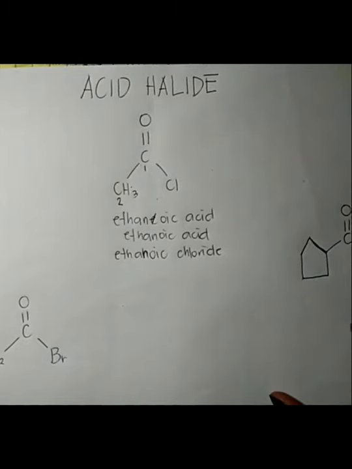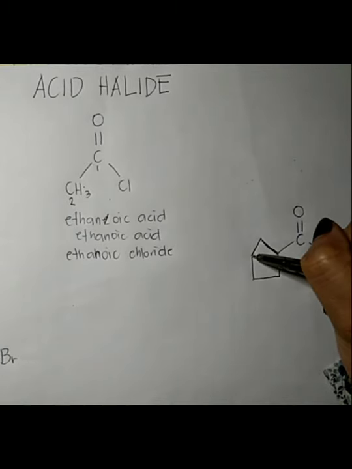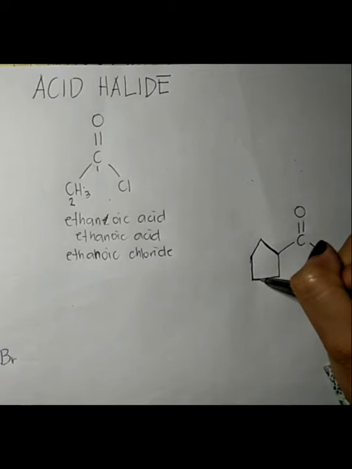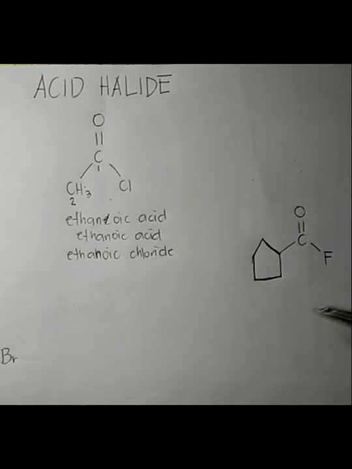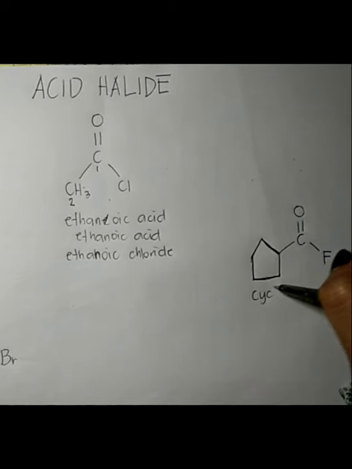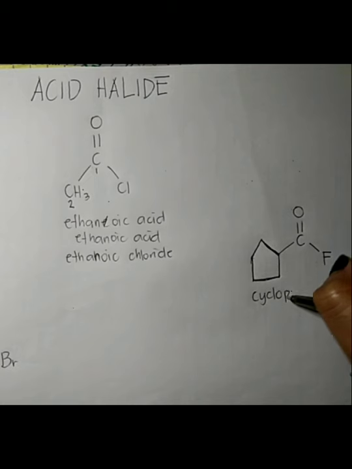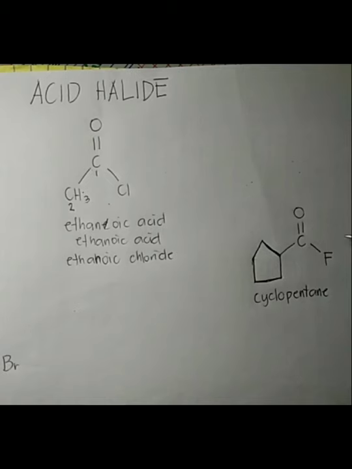The next example we have here is a cyclo, or a ring. This ring is pentane, so since this is a ring, we will write cyclo, then pentane. Since this is an example of a carboxylic acid, we will add carboxylic acid.